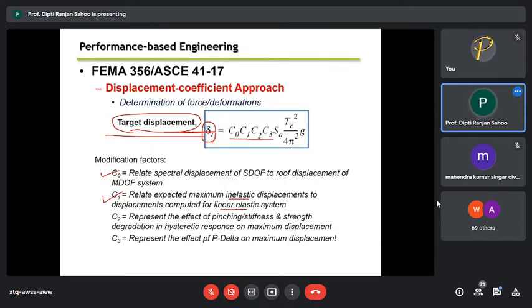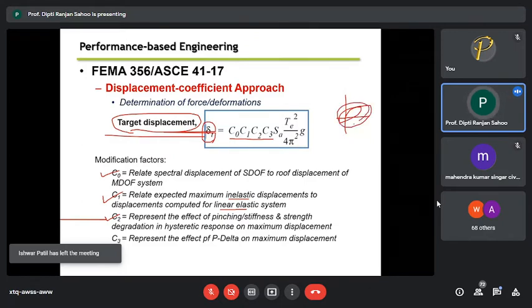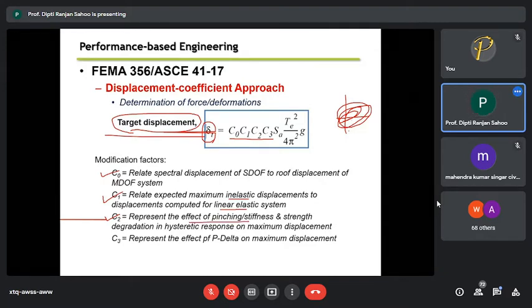Your structural dynamics is based on a bilinear curve, right? Here actually you may have some kind of degradation in your hysteretic response. So C2 represents the effect of the pinching of the hysteretic loops, and C3 represents the P delta effect. You have a structure, and due to gravity load, the P delta effect actually governs.